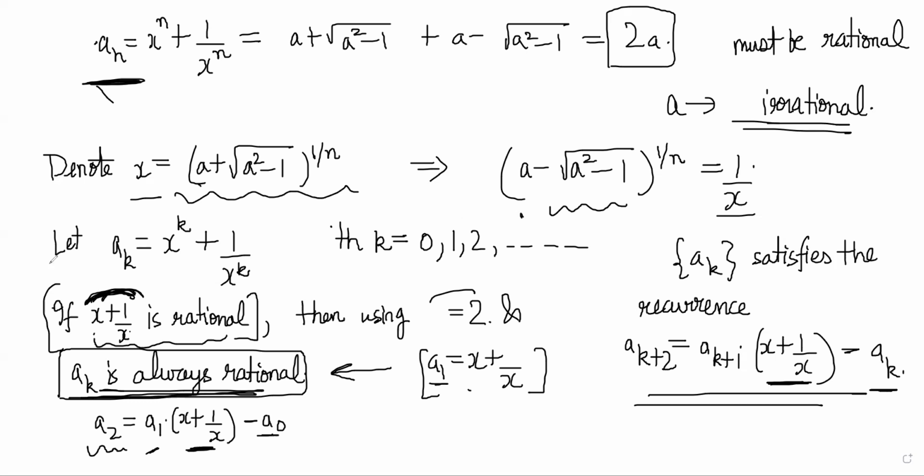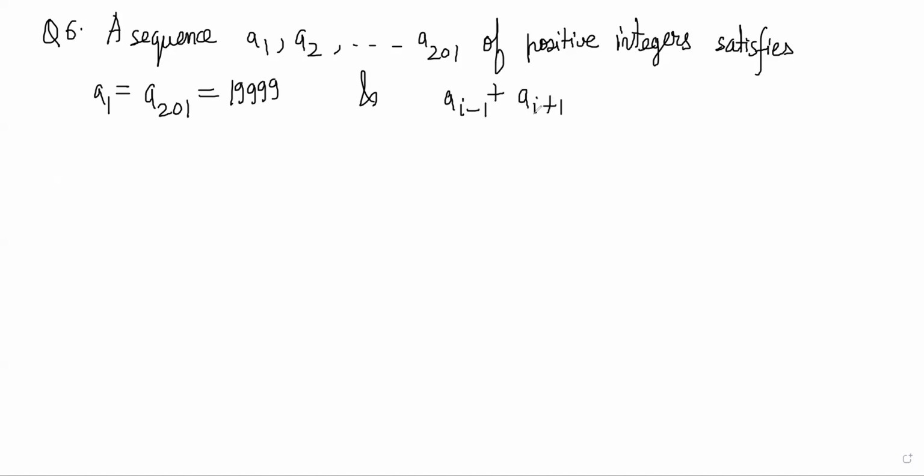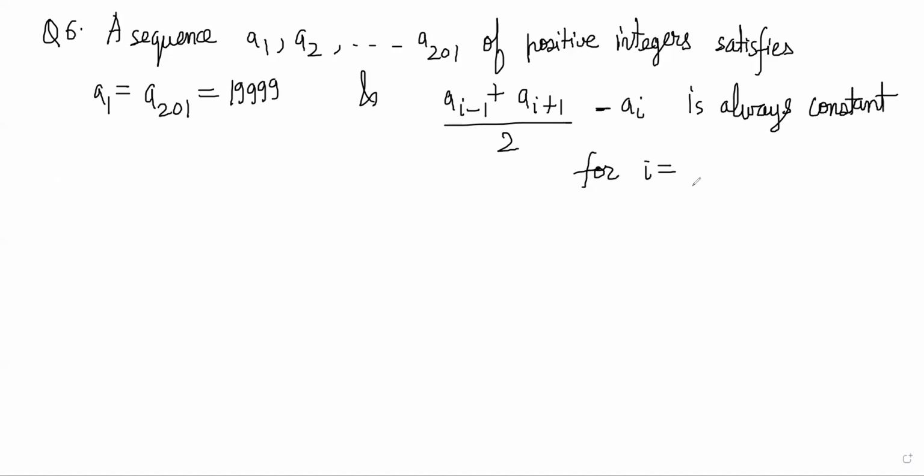And let's look at the final problem. This is a sequence A1, A2 till A201 of positive integers that satisfies A1 is equal to A201 is equal to 19,999, and (A_(i-1) plus A_(i+1)) by 2 minus A_i is always a constant, for i goes from 1 to 200.